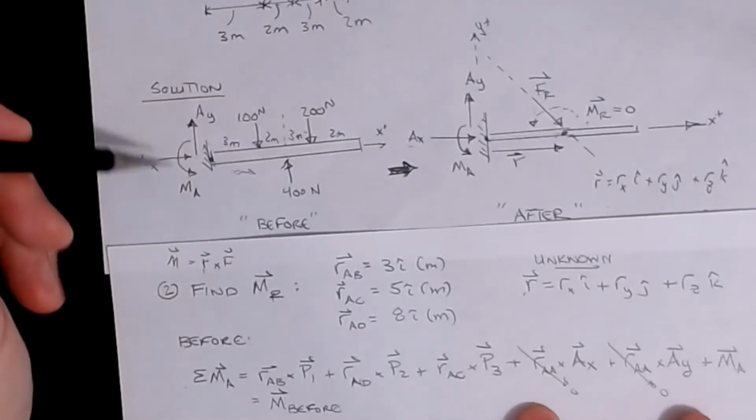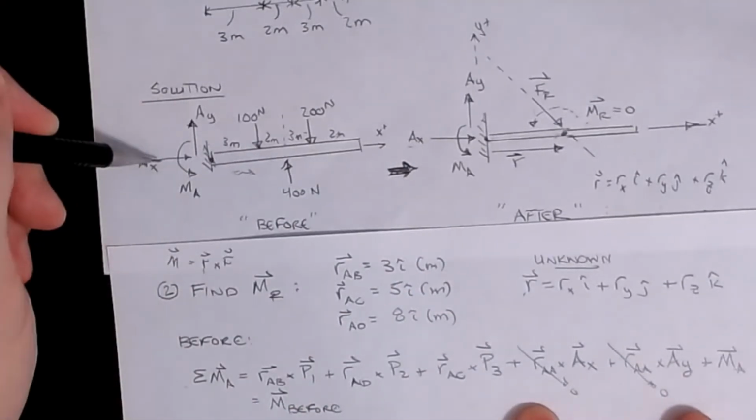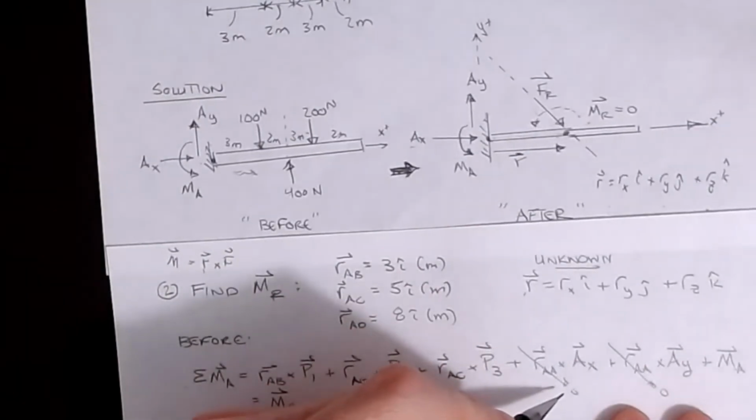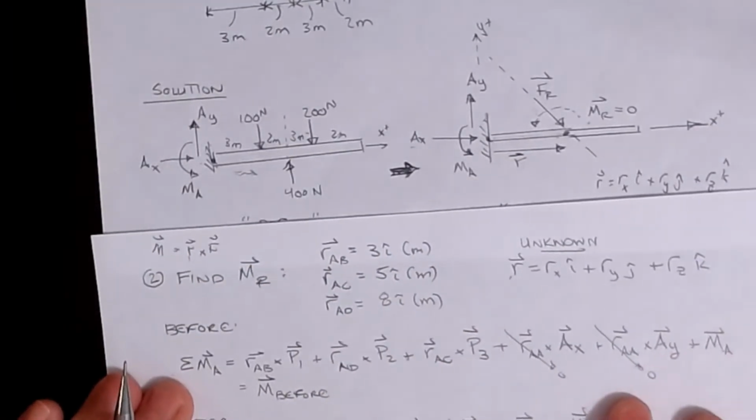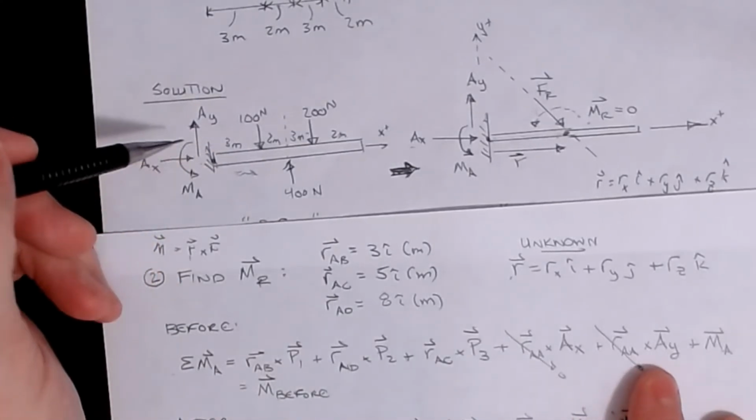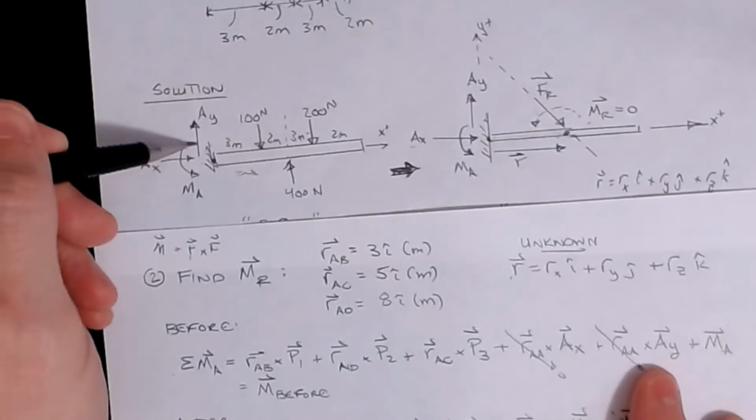But then I also get R from A to A, because I'm at this point, crossed into AX, where AX is acting. We know RAA is 0, so we'll write the equation and then eliminate it. Then I've got RAA crossed into AY.